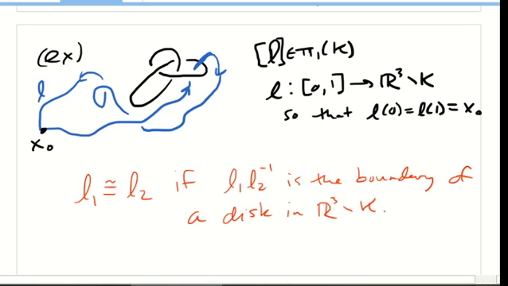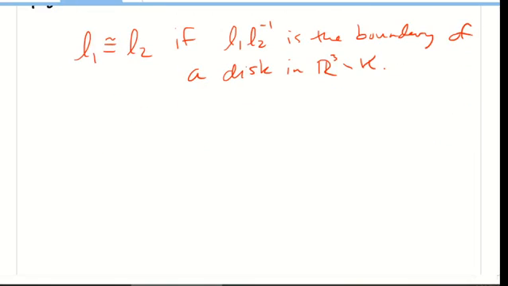So here's an example of two, and one could say that one can be continuously deformed to the other one. So for example, here's the base point, right?